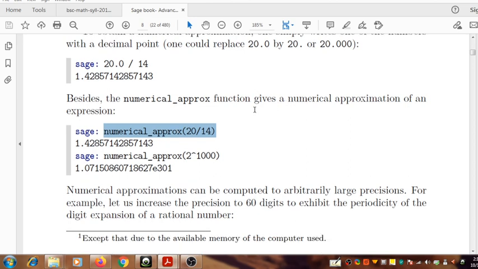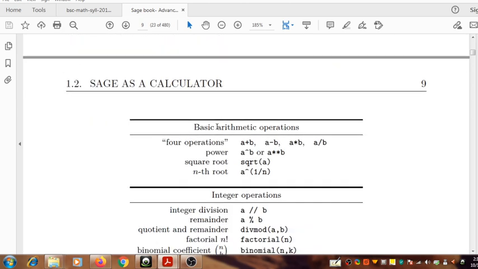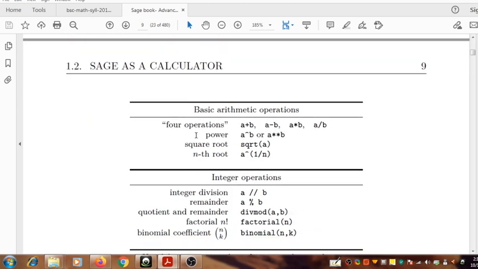Next, we are going to see some very simple operations that are used in the SageMath system. Four symbol operations can be performed in SageMath: the first is addition, second is subtraction, then multiplication and division.